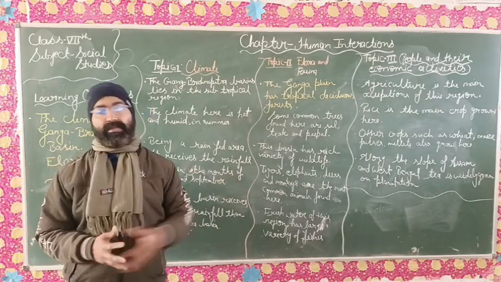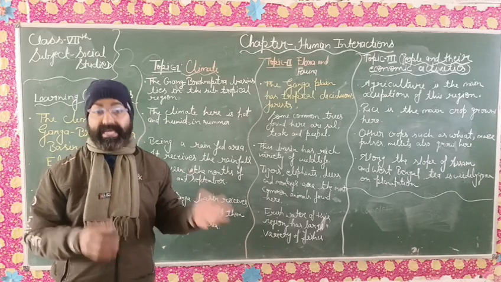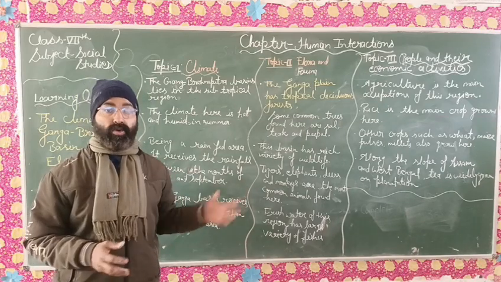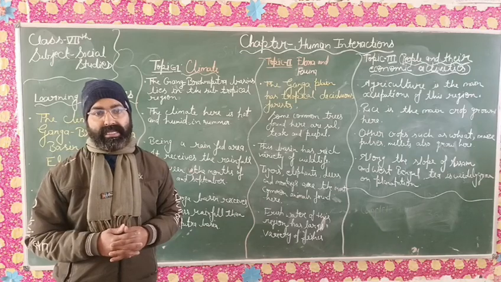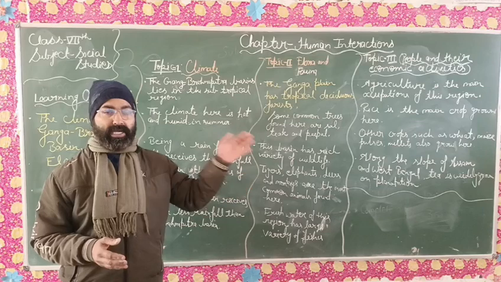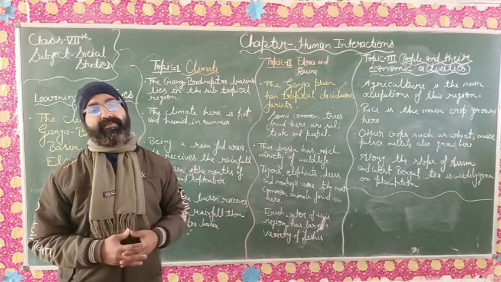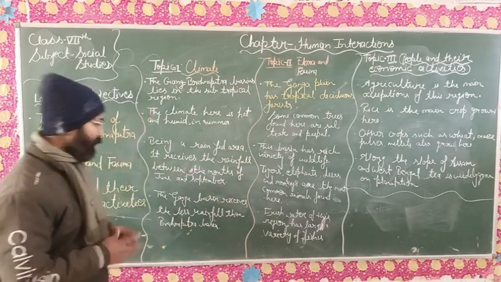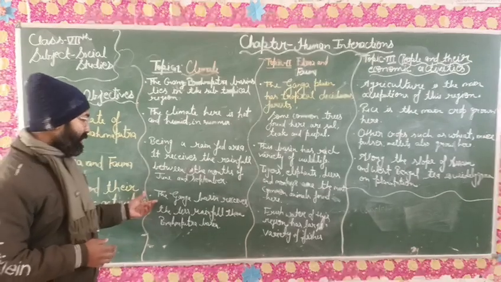From the south and from the Bay of Bengal, the rain-bearing winds blow and carry moisture with them, and when they reach this region, the moisture comes down in the form of rainfall on the ground.